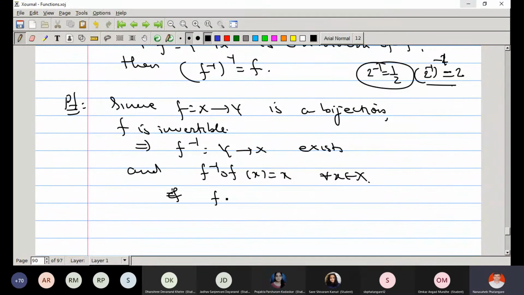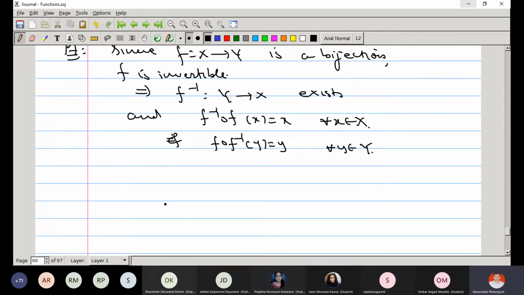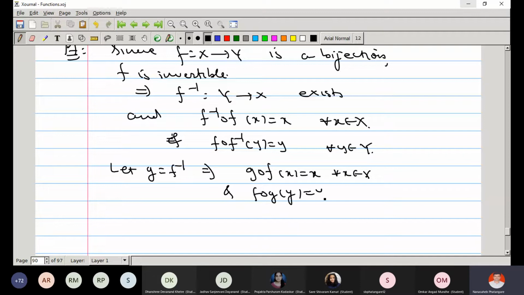And f composite f inverse of y is equal to y for all y belonging to Y, that we know, right? So let g be equal to f inverse. Suppose I am giving a different name, g, to f inverse. Therefore, g composite f of x is equal to x for all x in X, and f composite g of y is equal to y for all y in Y.